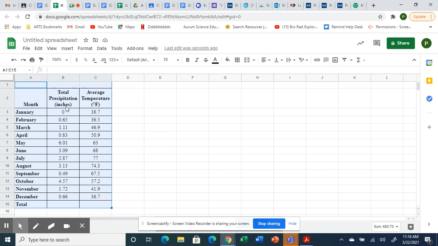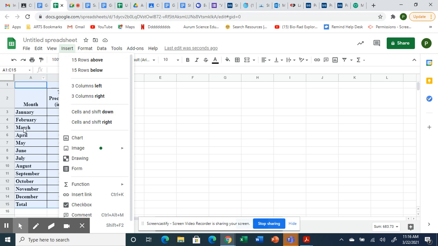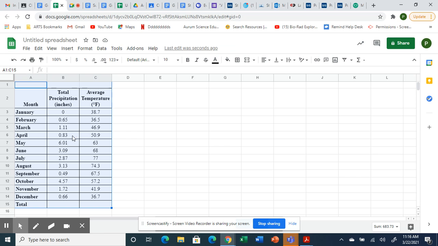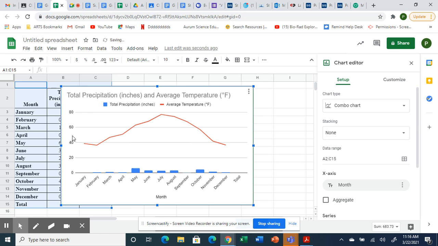How do you make a chart? You say insert chart, and boom, there is your chart. You can attach this when you turn everything in, or you can share it with me. And it shows you the various information that we're working on.